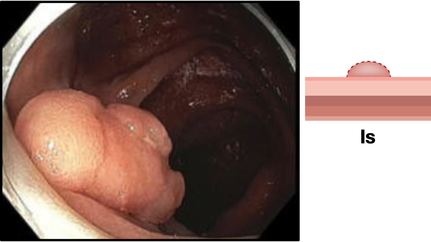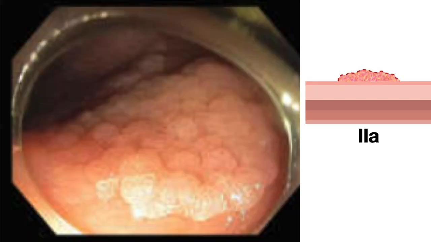1S, or sessile polyp. You can see it is protruding above. Height is more than the size of a biopsy forceps. This is a flat superficial elevated lesion, a 2A lesion, as you can see, and it has granules, and it's a big one, more than 10 millimeters.